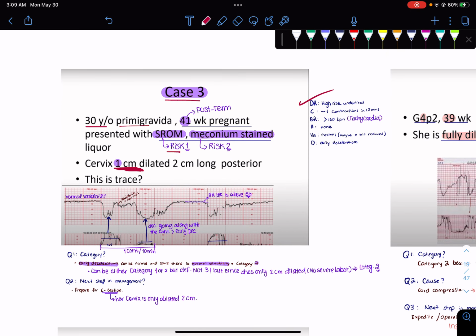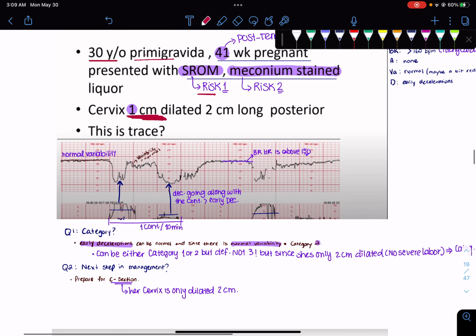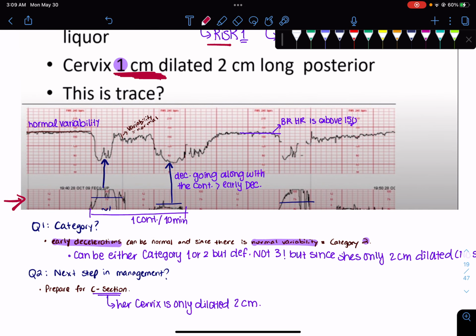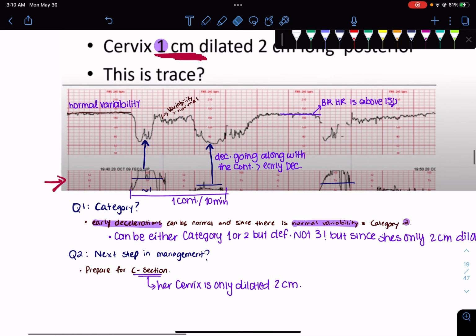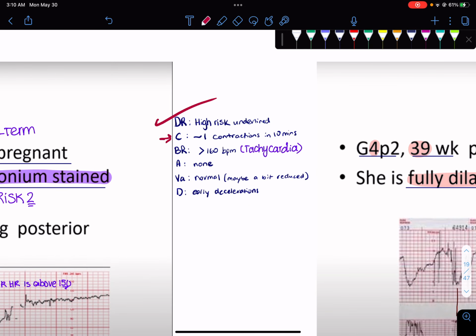Let's follow our mnemonic. Let's look for the contractions. Okay, contractions, we said, where do we look? Down. So okay, this is a weird looking CTG, but we'll try to read it. Okay, so this is my 10-minute span. She has only 1 contraction in 10 minutes. Okay. What's after the contractions? The basal heart rate.